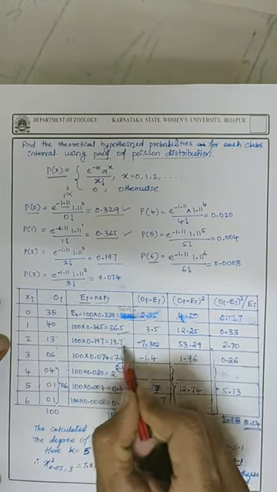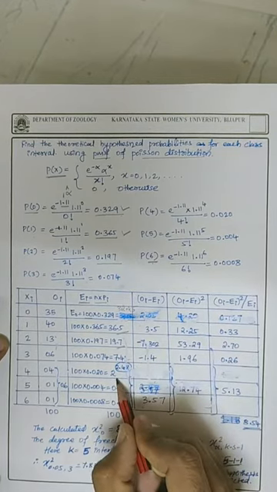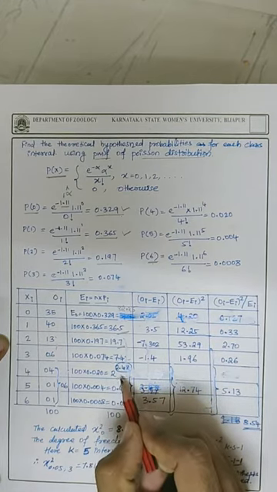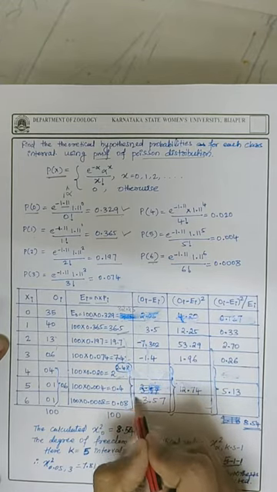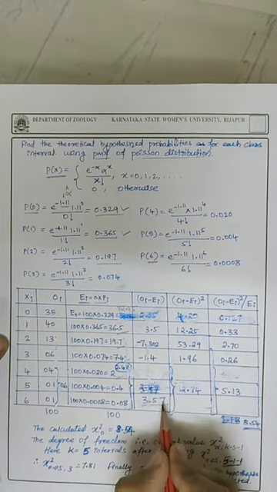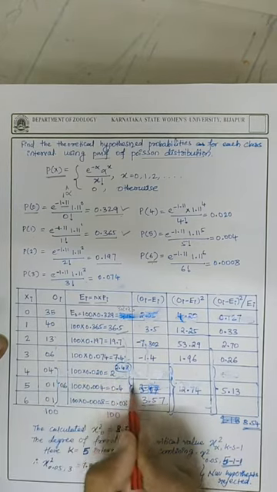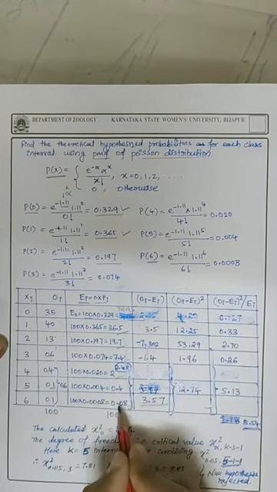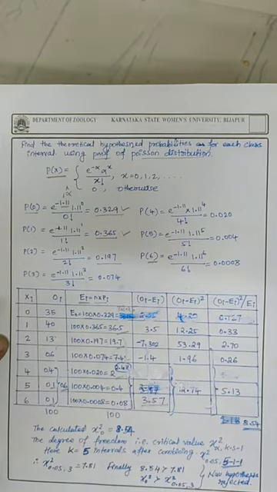The third and fourth values are also greater than 5. The fifth value is less than 5, so it is combined with the next values, and all these three expected values are combined, giving 3.57. The corresponding oi has to be combined: the oi value of 2 is 4, 0.4 is 1, 0.08 is 1. All these values are combined, giving 6.